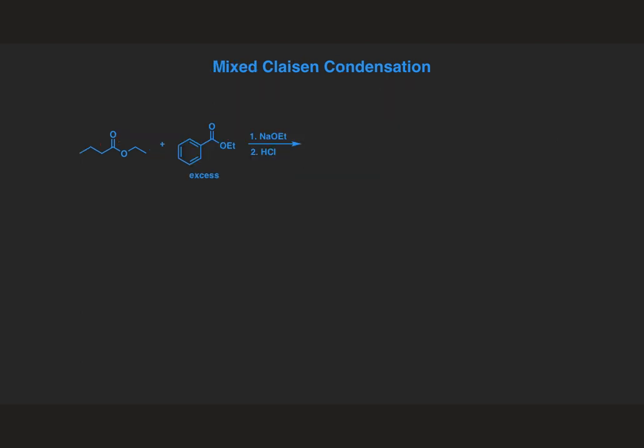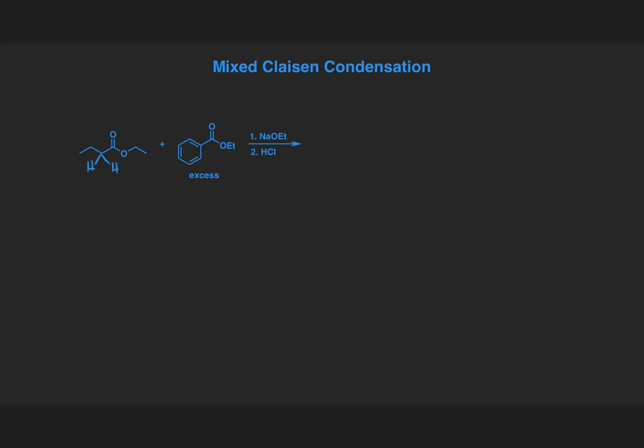Just like the Aldol reaction, we can do a mixed Claisen reaction where I use 2 different starting esters. In this case, for the one shown here, only one of these esters has alpha hydrogens or enolizable hydrogens, and that's this molecule here.